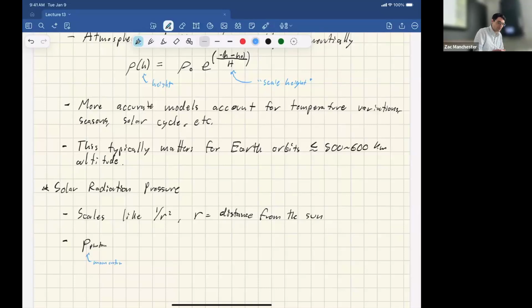It's the physics letter for linear momentum. It turns out this goes like E over c, where E is energy and c is the speed of light. And so photons carry momentum even though they don't have any mass, which is a weird thing.